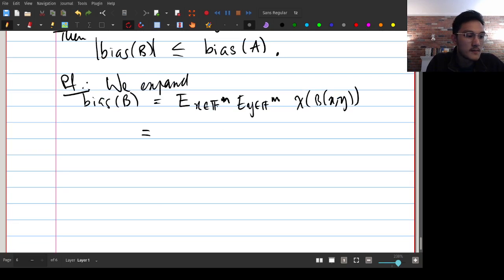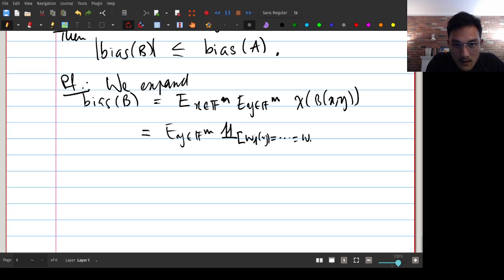Now we pull the expectation over x inside and take the expectation over y in F^m of the indicator that w_1(y) equals, all the way up to w_n(y), equals 0, and you multiply that by chi of w_0(y).